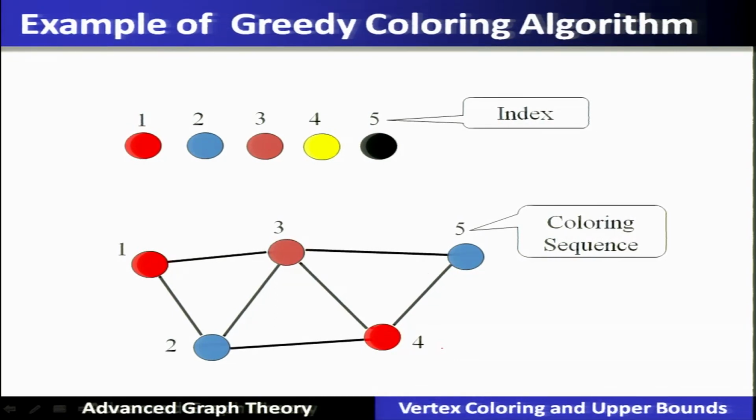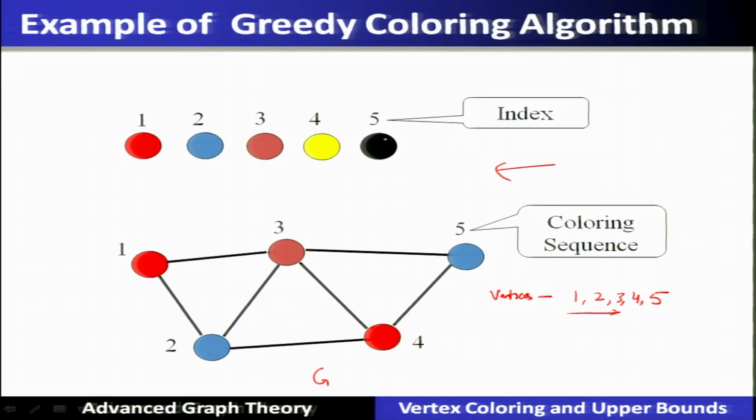Here we are given a 5 node graph, let us call it G, and we are given the vertices in this particular relative order 1, 2, 3, 4 and 5. So, the vertices are given in this order and we have to color relative to this particular order in this algorithm. Similarly, we are also given the indexes of the colors 1, 2, 3, 4 and so on.